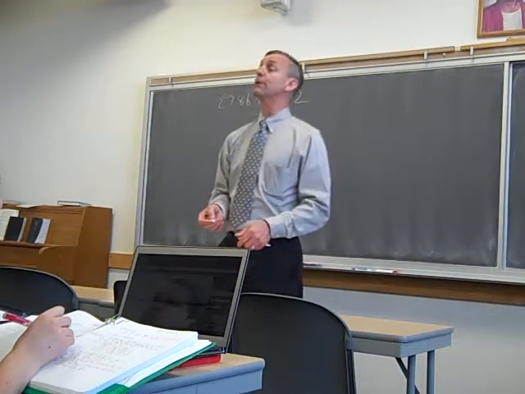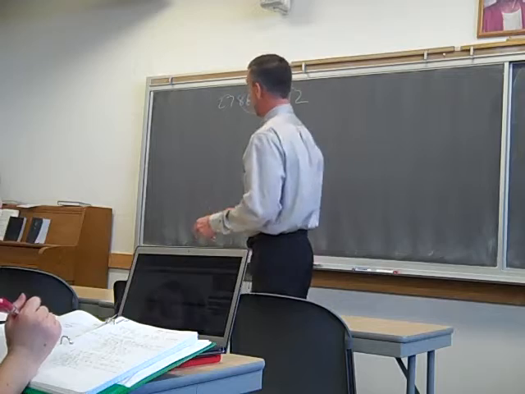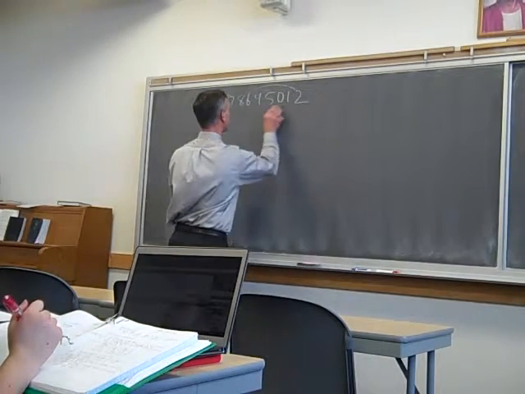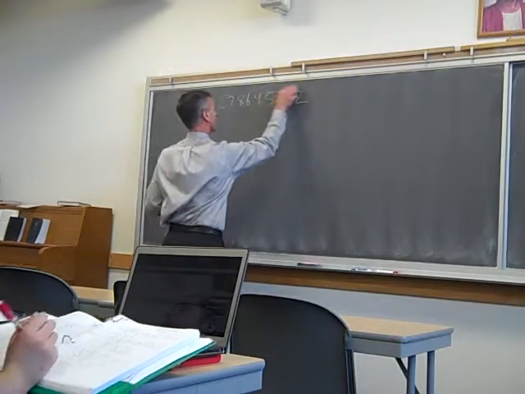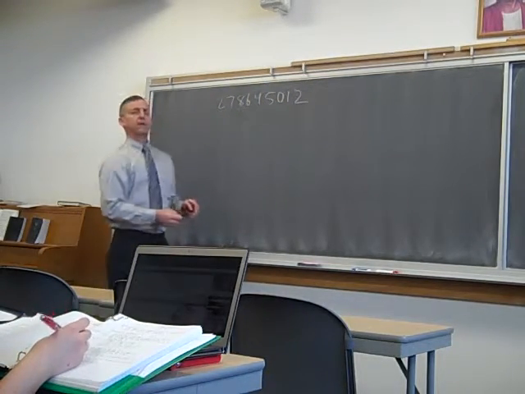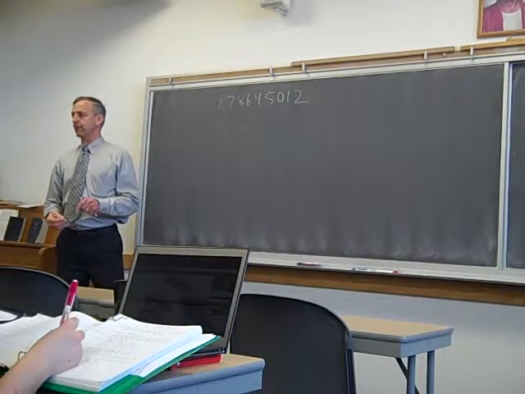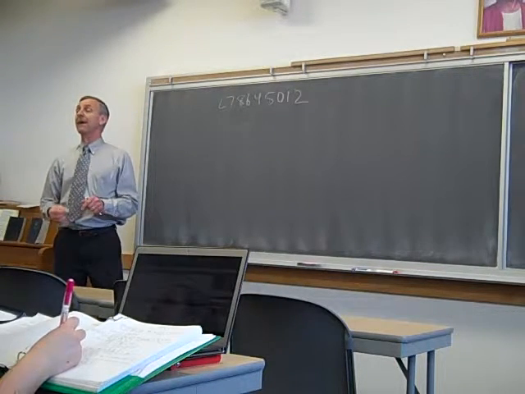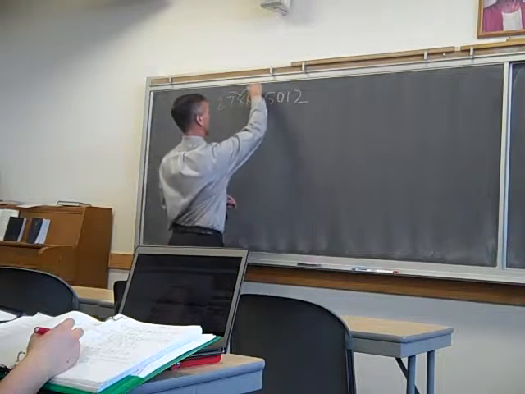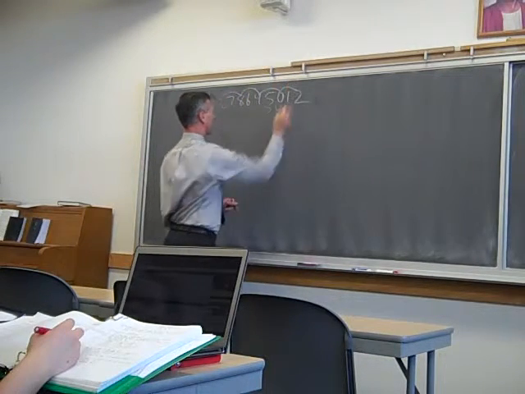Okay, does anybody know the rule for 11? Let's check this number for 11. 11's pretty fast. So I think it really is a shortcut. You start on either the left or the right, it doesn't matter, and pair them up every other number. So here, here, here, and there.